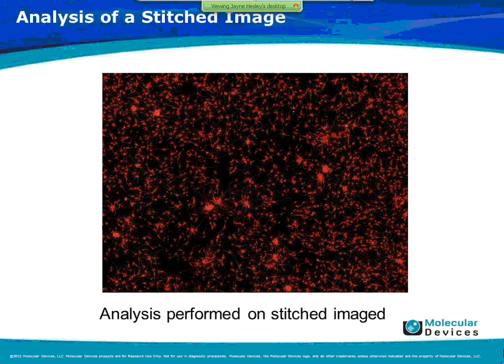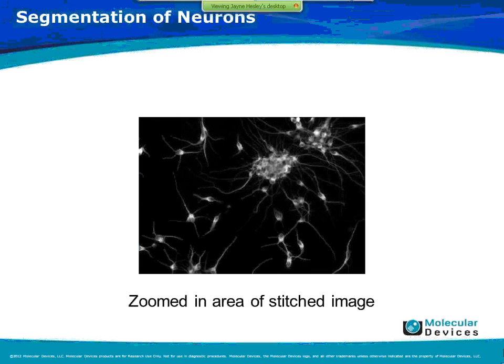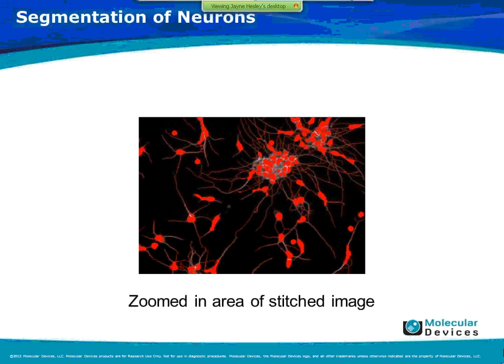This one I'm showing you is 12 images taken and stitched from a 10x objective. Then you run the analysis module on it and you identify your cells. Now I'm going to show you the segmentation on a smaller area. Here are the cells in that small area, zoomed in, and the segmentation that we found. So it can identify your neurites very well.